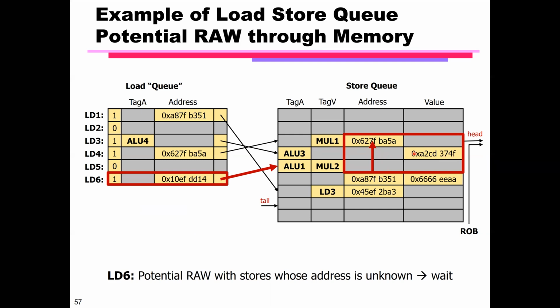So since I don't know if this concerns me or not, I just have to wait. So the reservation station is, as you see, a little bit different because it checks for readiness of the operands, but also has this additional dependency check to repeat every time until it passes.